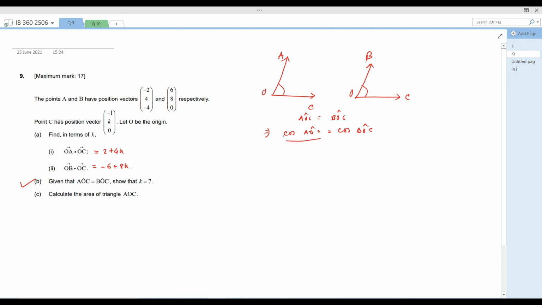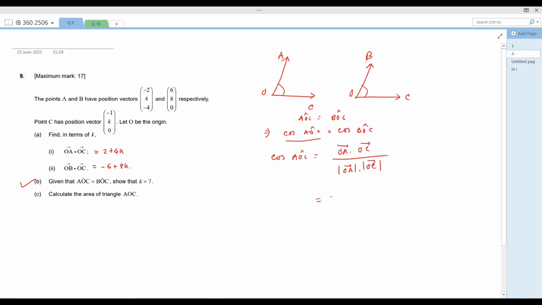Now cos of AOC is nothing but OA dot OC divided by mod of OA and mod of OC. So this is the formula.